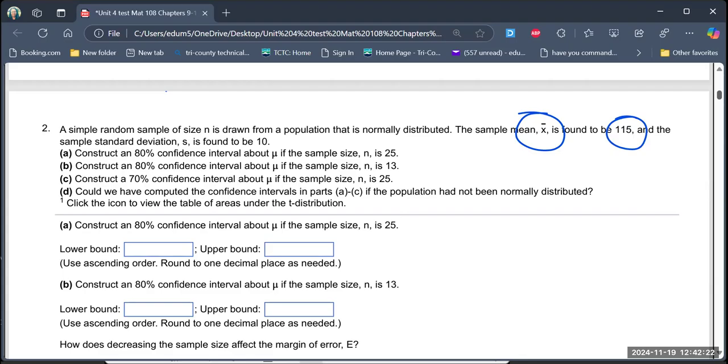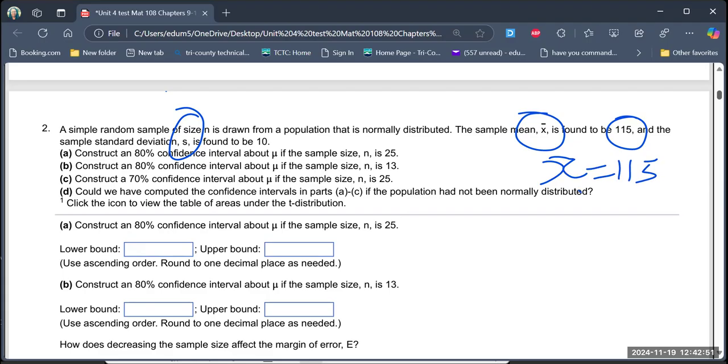That's the sample mean. And the sample standard deviation S tells you this is a t question, because we don't know the population standard deviation, even though the sample size may be high. So sample standard deviation is S, and we have our sample mean x bar is 115.